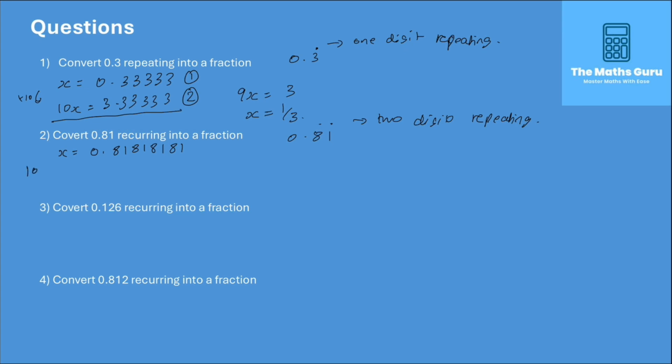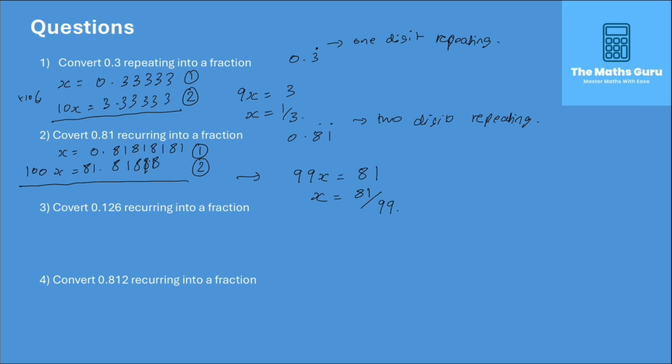Now we're going to have 100x is equal to 81.81, 81, 81, 81, etc. Then minusing equation number 1 from equation number 2, we're going to get 99x is equal to 81. Dividing through by 99 on both sides, we get 81 divided by 99. And that is our answer.